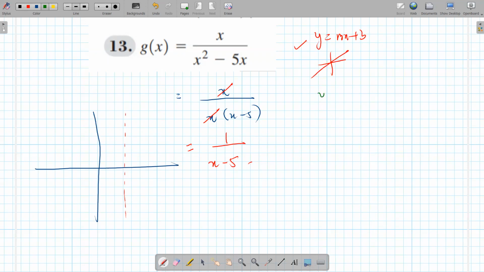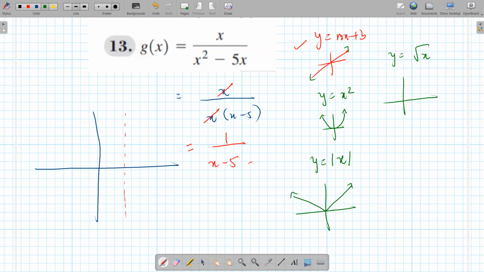And then there is x squared, the parabola, looks like this. And then there's y equals the absolute value of x, which looks like a parabola, but instead of curved, it's like straight lines. It's like a V. And then there's y equals the square root of x, which looks like this. There is y equals this guy that we just did, 1 over x, which looks like this.